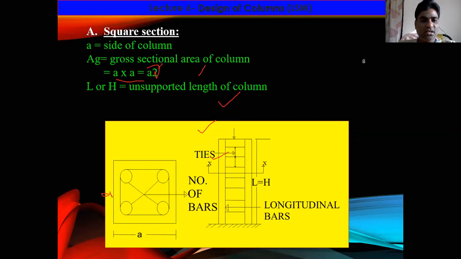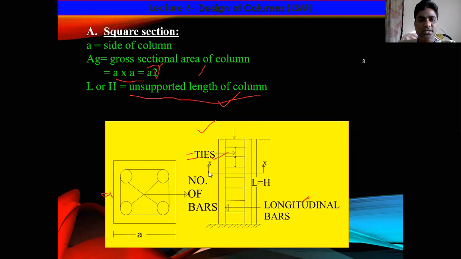Here L or H is the unsupported length of the column. These are called ties, lateral ties. We will discuss longitudinal bars and lateral bars. These are the main reinforcement, and this is called the lateral.